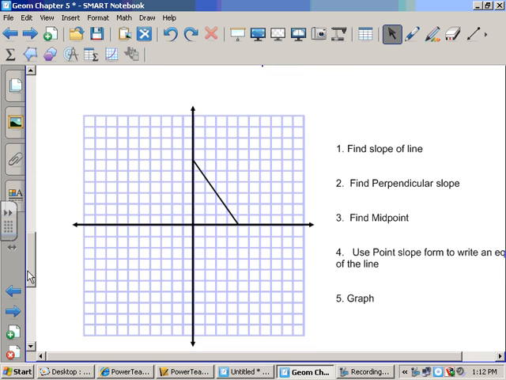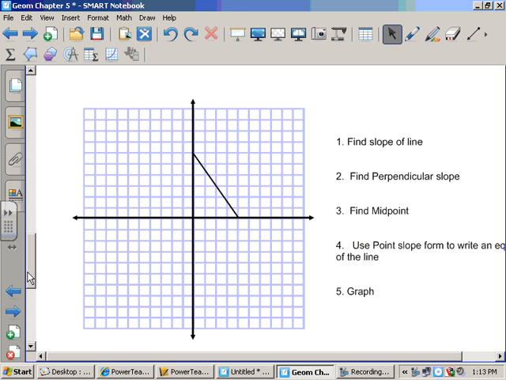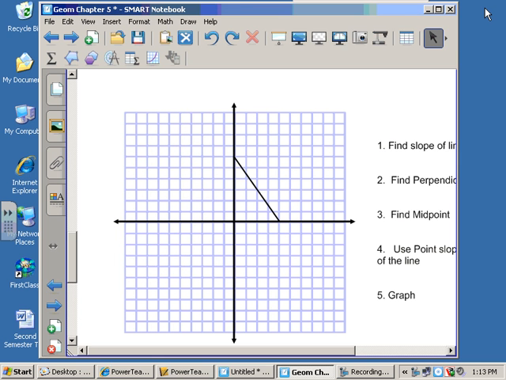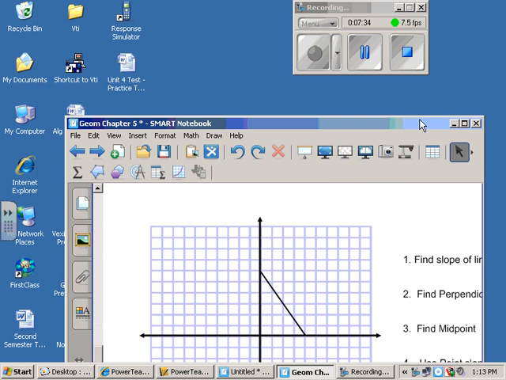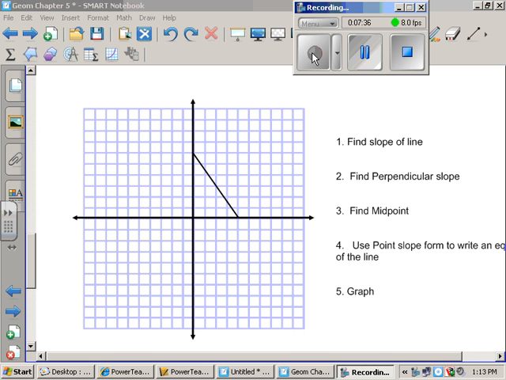Right? If I'm going to try to find the circumcenter of this graphed triangle, remember the circumcenter is made of perpendicular bisectors.